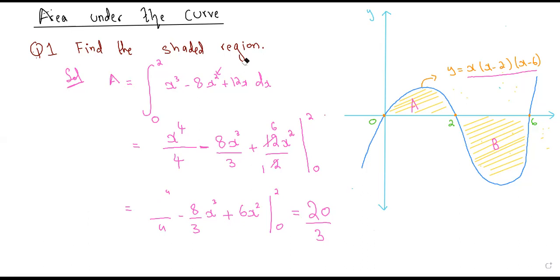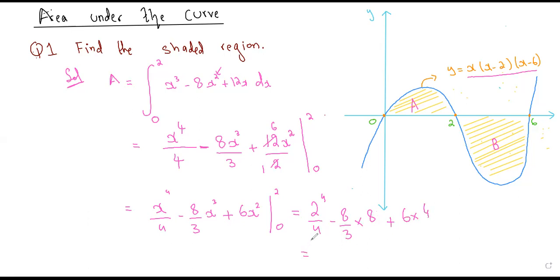Okay. Let's see. So you can just do it with me. It is 2 to the power 4 by 4 minus 8 by 3 into 2 cubed, which would be 8, plus 6 into 2 squared, that would be 4.